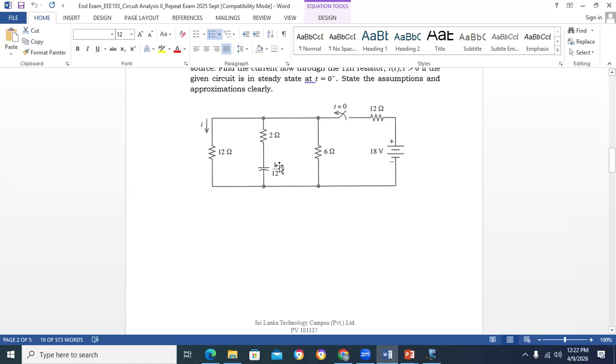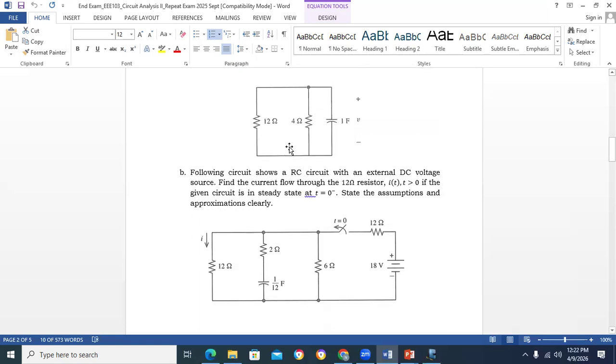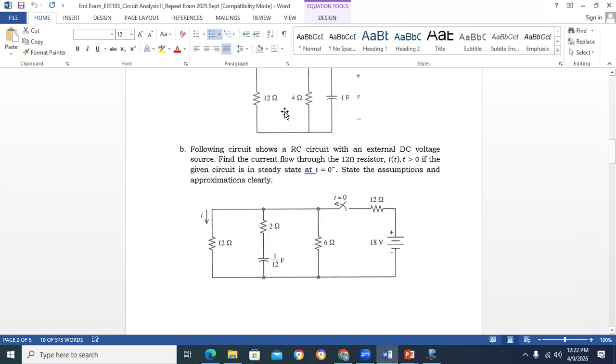Can you try to find that one? It is very easy, just like this question. If I ask you to find the current through the 12 volt 12 ohm resistor I, when the switch is off at the transient state, can you find it?